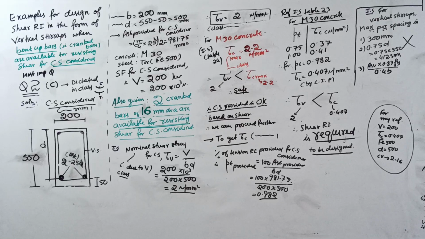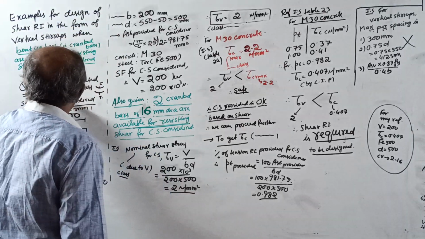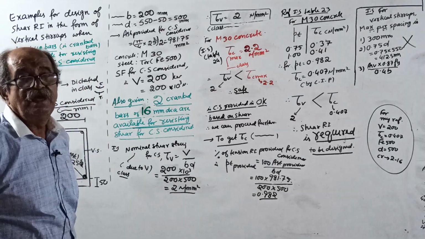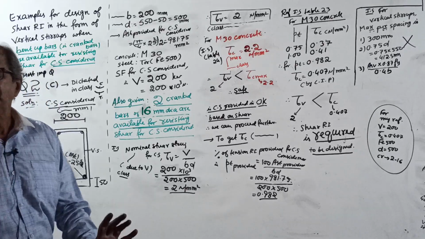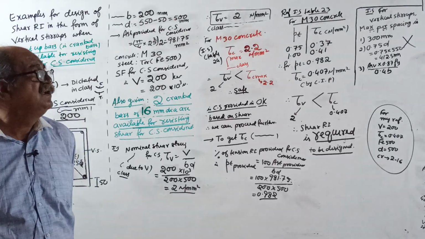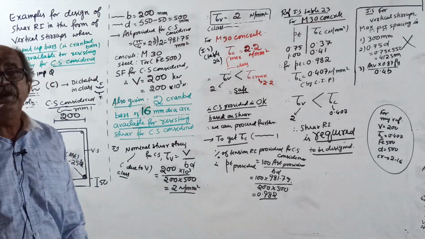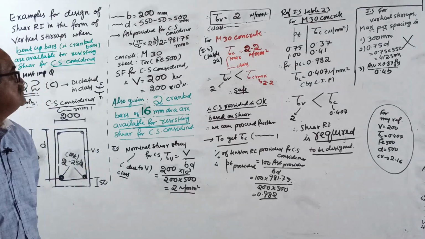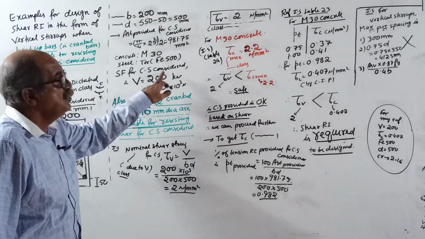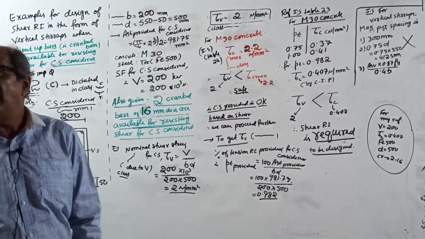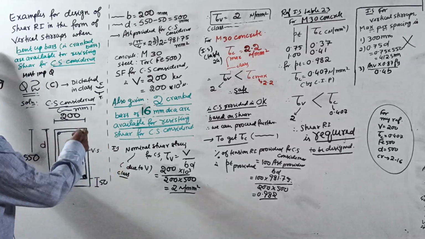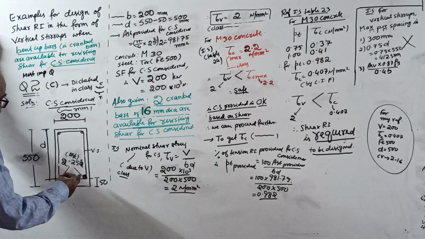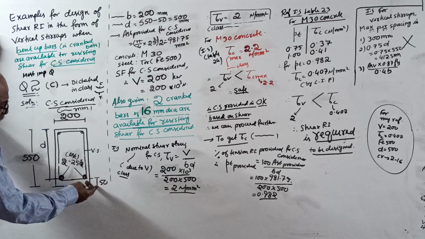Sometimes these things happen. Okay, now, question number 2C. Question dictated. Remember, the most important question. Design shear reinforcement for an RC beam if the cross-section considered is subjected to a shear force of 200 kilonewton, and that cross-section has a width of 200 mm and depth of 550 mm, and tension reinforcement is 2 bars of 25 tor, effective cover of 50.